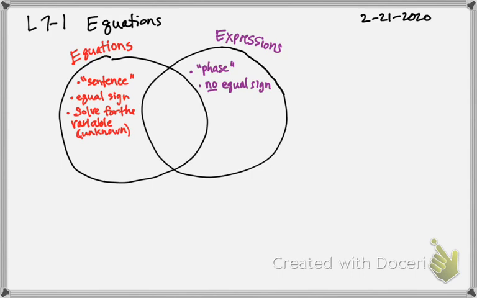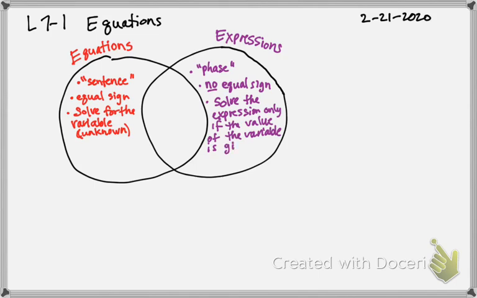Now, unfortunately, on the other side, with the expression, I can't solve. The only time I can finish or come to an answer in an expression is if somebody tells me what the unknown equals, or if it's just numerical. So I can only solve the expression only if the value of the variable is given.